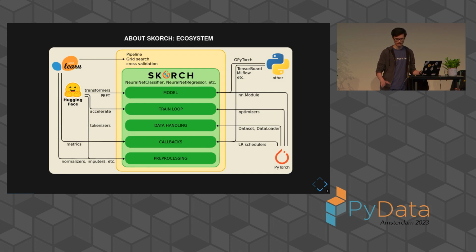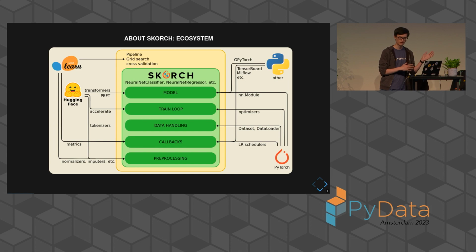And here on this slide, I have a little bit of a diagram of how Skorch integrates with the bigger ecosystem. So I know it's quite a lot. You don't have to learn it. It's not going to be on the test. But to get a broad overview, on the outside, we have scikit-learn, and that works with the Skorch classes like NeuralNetClassifier or NeuralNetRegressor. So you can just drop it in.